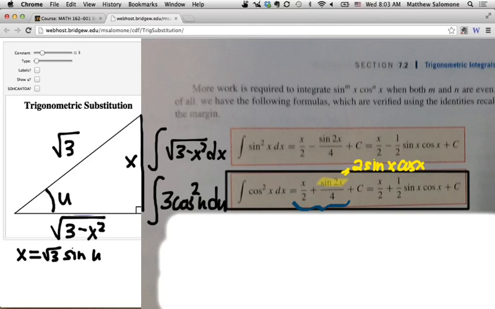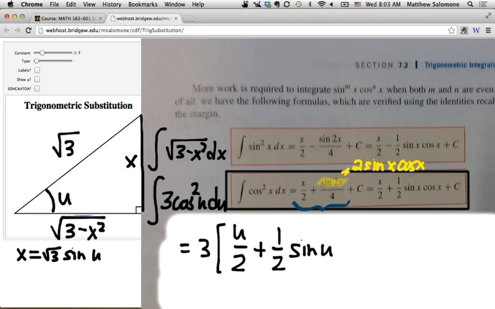So we'll use the second form and express this antiderivative as, let's get our 3 in there, times a quantity, u over 2 plus 1/2 sine u cosine u, plus c, of course. And so there was the antiderivative step, the calculus step.